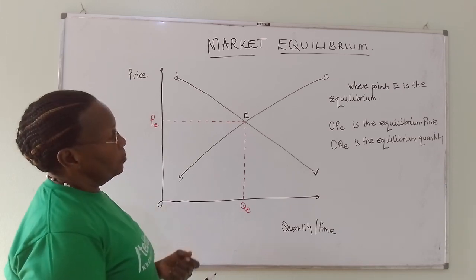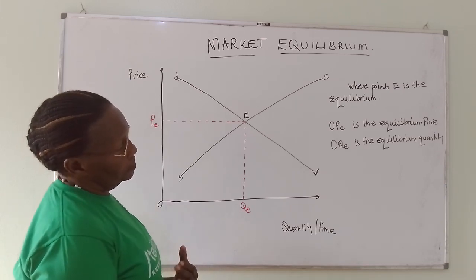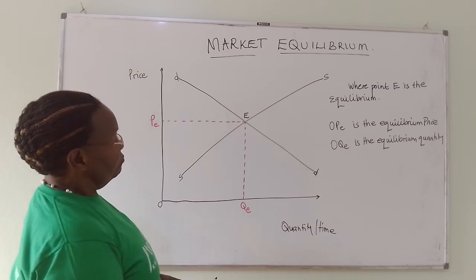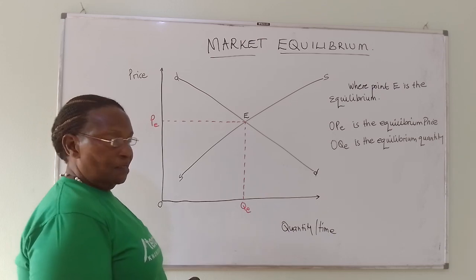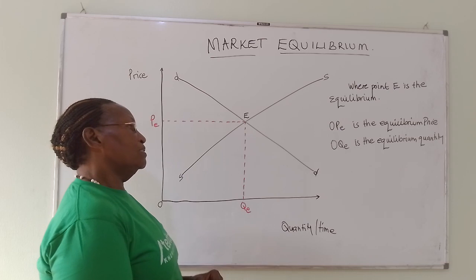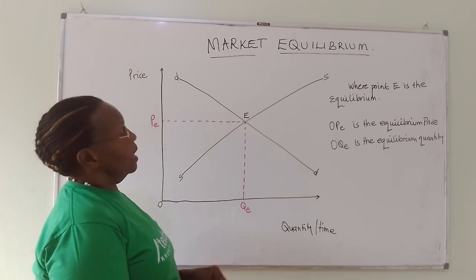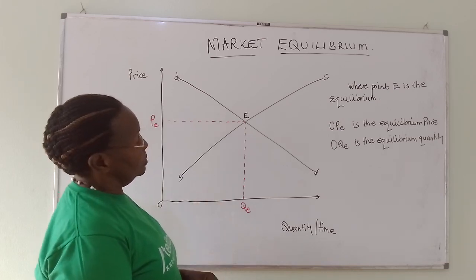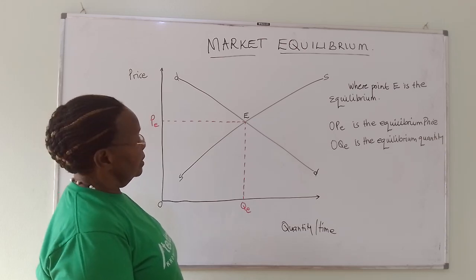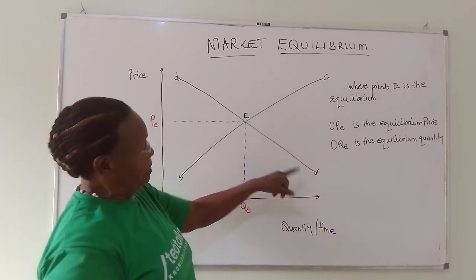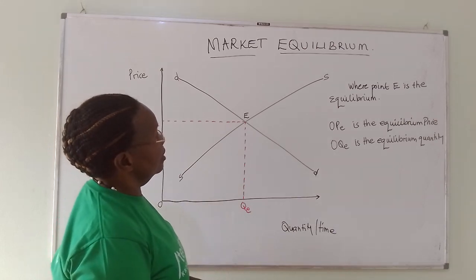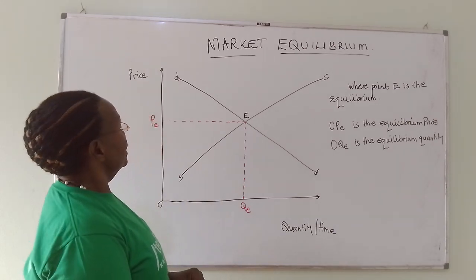You can recall we had our socialist economy, the free enterprise economy, and maybe a mixed economy, but it's only under the market economy that we have the forces of demand and supply determining the allocation of resources, and the determination of price for that matter, where there is no government interference, but you leave supply and demand to determine the price. So this is how the price and quantity in a free enterprise economy is established.